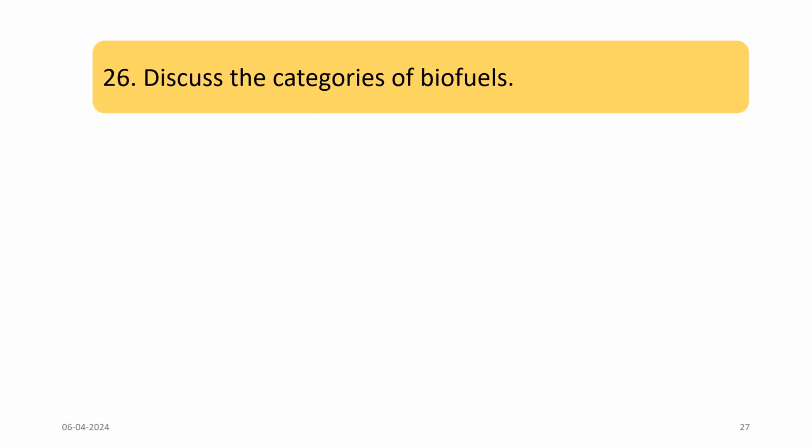Next, discuss the categories of biofuel. The first one is the first generation, or 1G biofuels.